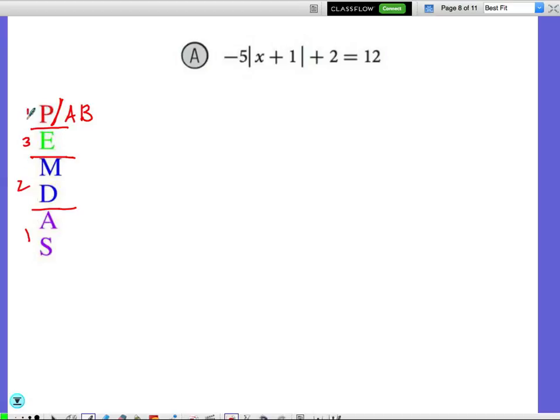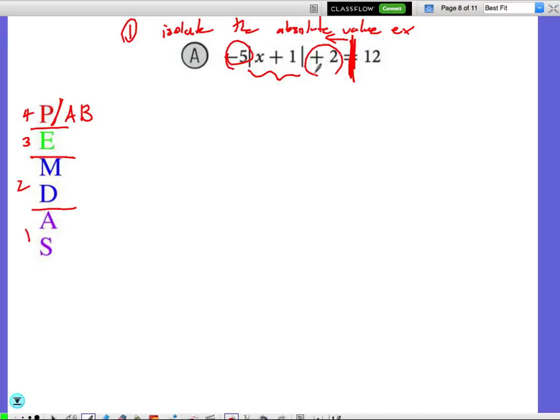So going through reverse PEMDAS, the first thing we wanted to do is isolate the absolute value expression. We want to get rid of everything outside those vertical lines. So we have to get rid of that -5 and +2 in order to complete step 1.